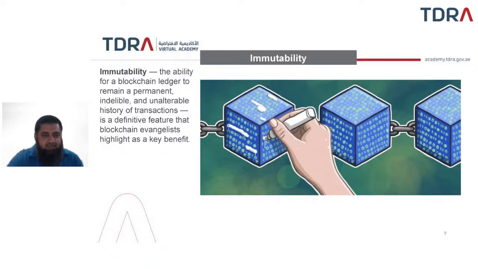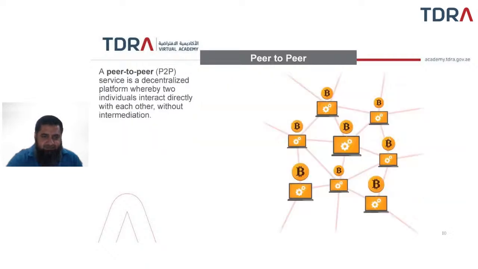It means it is impossible to change or modify the previous records. So immutability is a feature of a blockchain. Anything that is stored on the blockchain cannot be modified and cannot be changed. This is one of the features that make it more acceptable in the industry.